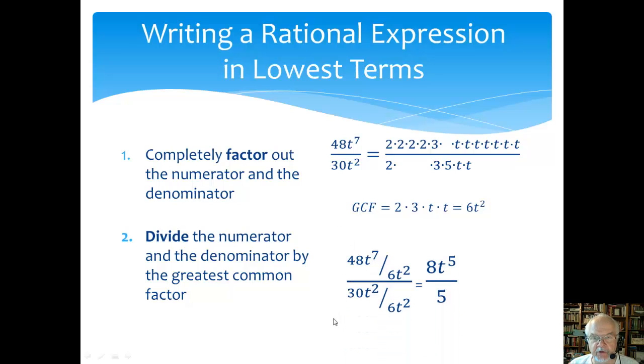Okay, when we're done, we are going to get 8t to the 5th over 5, because 48 divided by 6 is 8, and t to the 7th over t squared is t to the 7 minus 2, which is t to the 5. The t squares completely cancel each other out, and 30 divided by 6 is 5.